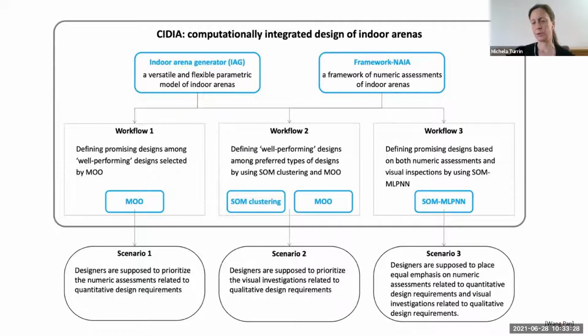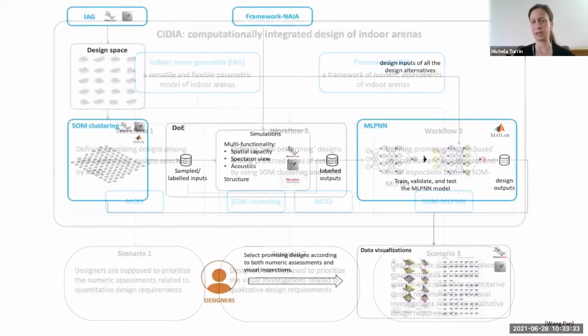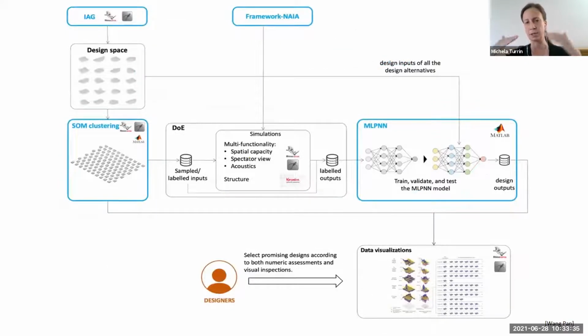And the third workflow, I don't go in depth into each of them, but I only show the third one, is trying to find a balance between the two, to prioritize with equal importance the quantitative and the more qualitative part.